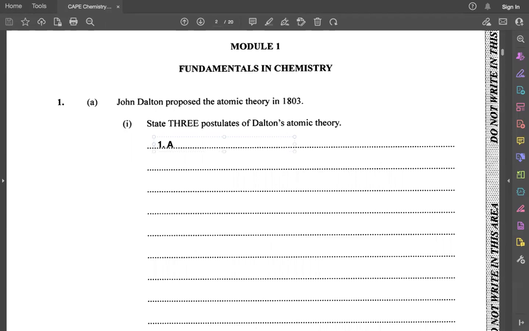The first one is that all atoms of the same element are exactly alike. His second postulate states that atoms cannot be broken down any further.